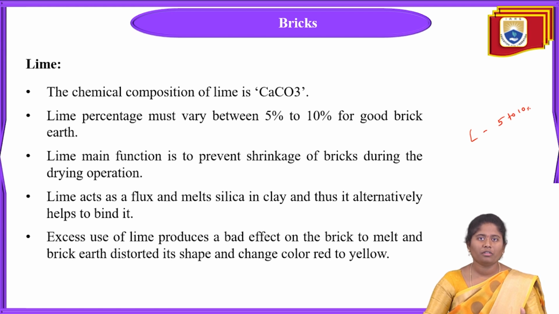Because in the drying condition, when the sun rays fall directly on these bricks, if there is any excess amount of alumina or silica, it will lead to the shrinkage process. So lime is the main ingredient to prevent the shrinkage of these bricks during the drying process.